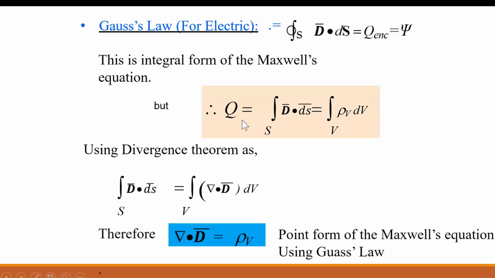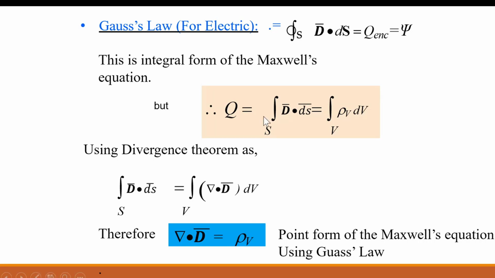Q is also equal to triple integration of rho v dv. So this equation, whatever we have written here, closed integration of d ds is equal to Q is equal to triple integration of rho v dv, is called Maxwell's third equation, or Maxwell's equation derived from Gauss law for electric field, static electric field, right?